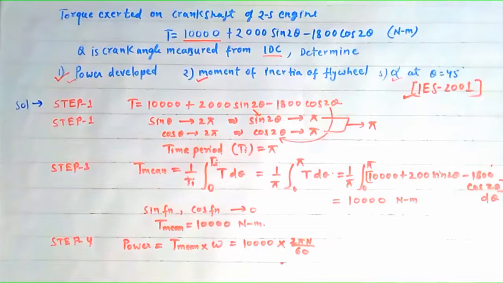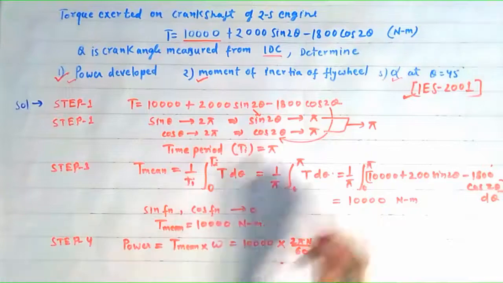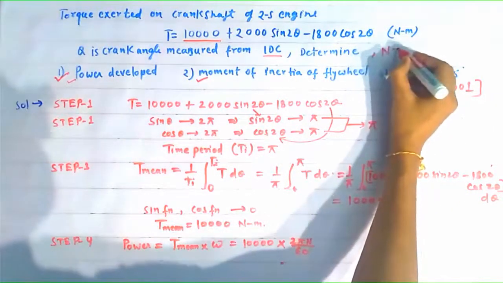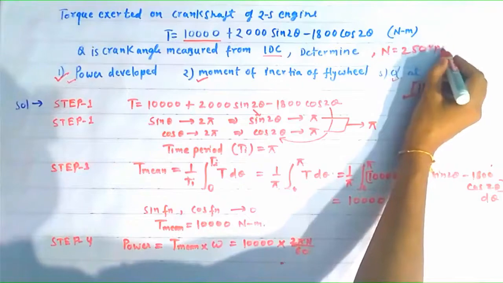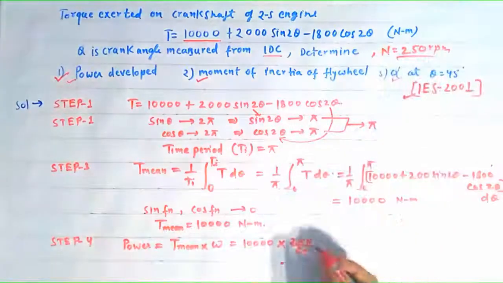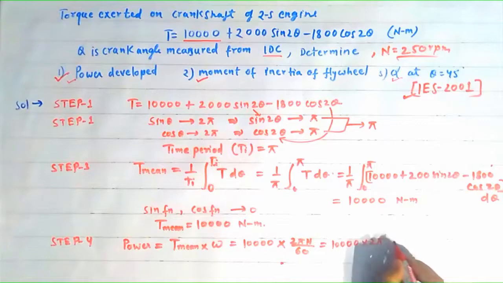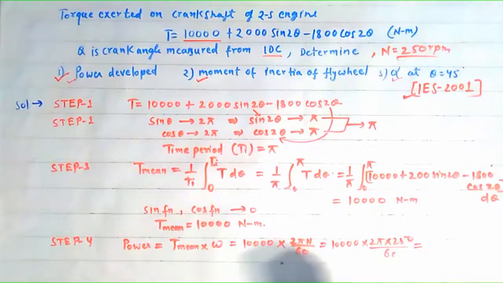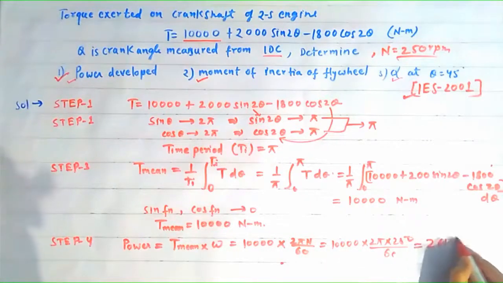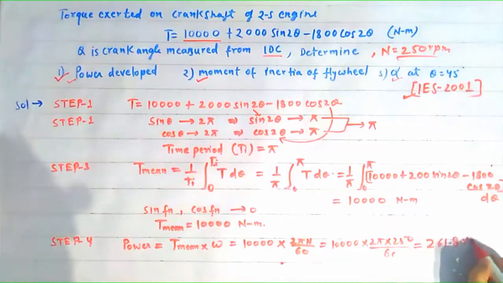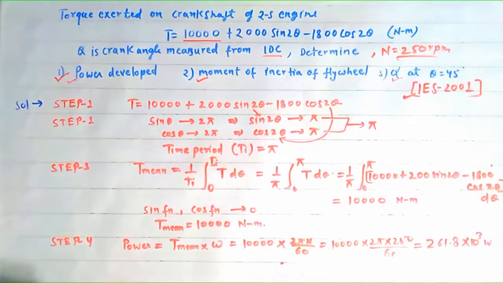Friends, I forgot to mention in the question that the RPM of the crankshaft was given to us as 250 RPM. So I put the value of n as 250 RPM in this expression, and I will get 10,000 into 2π into 250 divided by 60. I will get 261.8 into 10 raised to the power 3 watts. So this is the power developed. This was the answer for the first question.